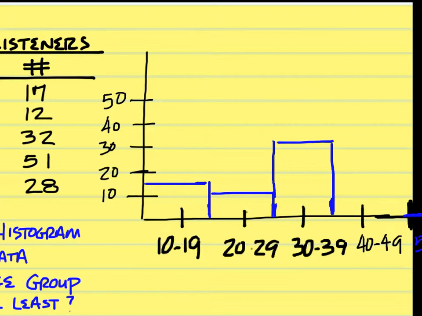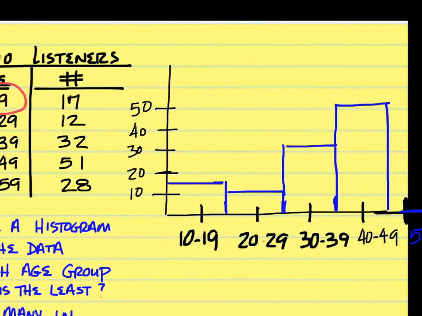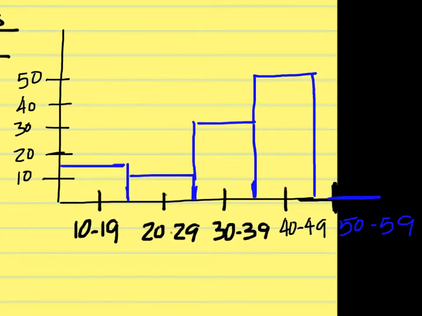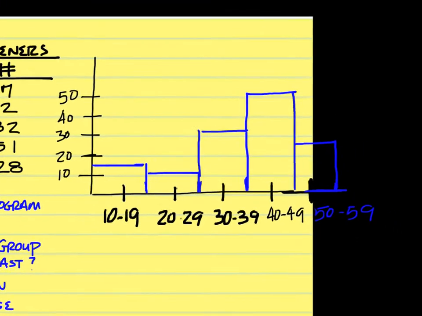And for 51, that's going to go up to about there, complete the other side, make the bar, and your last one is 28. This is the one we have to cheat on just a little bit. So make a dot or a mark there and go up to 28. There it is. There is your histogram.